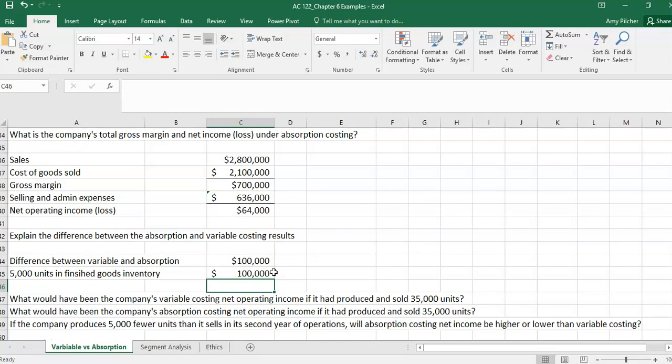So that explains why we have a difference between variable and absorption net income, because of the fixed overhead and how it is treated differently. Under absorption costing, that cost is attributed to our product costs in our inventory. Because we haven't sold those 5,000 units, those costs are still sitting in our finished goods inventory.